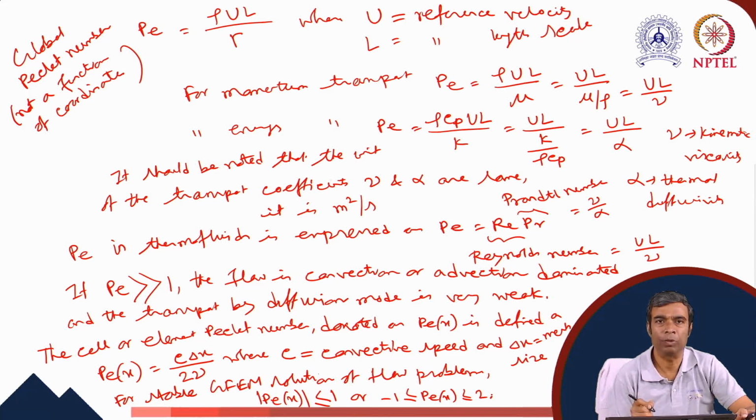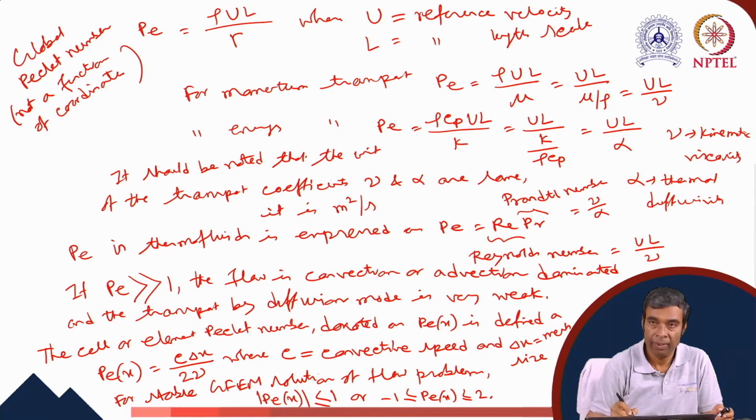In context of finite difference and finite volume method, this range is given as cell Peclet number absolute value less than or equal to 2, or minus 2 less than or equal to cell Peclet number less than or equal to 2. The factor 2 is based on the definition of Peclet number by using finite difference and finite volume methods, and for the finite element method, certainly, this is 1.